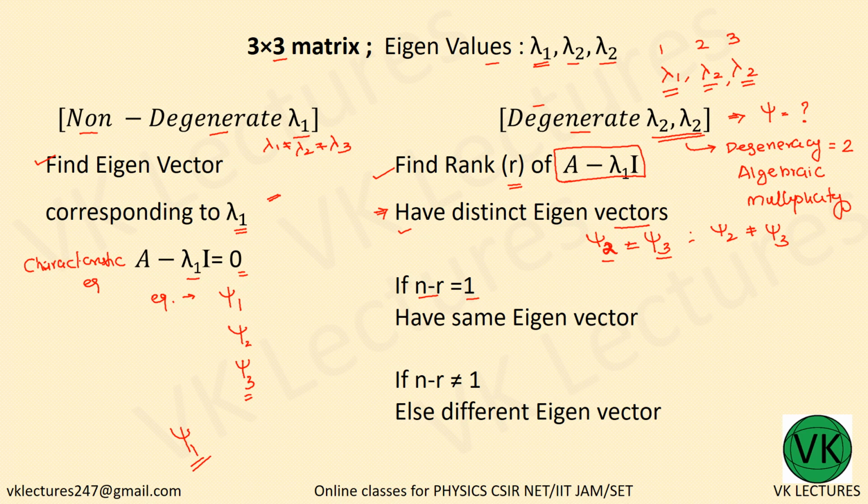If n minus r is not equal to 1, they have different eigenvectors, that means psi 2 not equal to psi 3, and this n minus r is called geometric multiplicity. Fine.